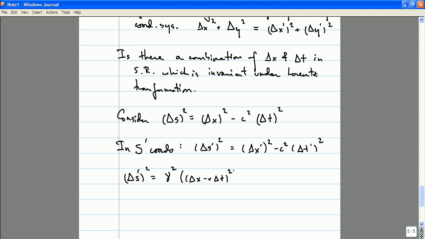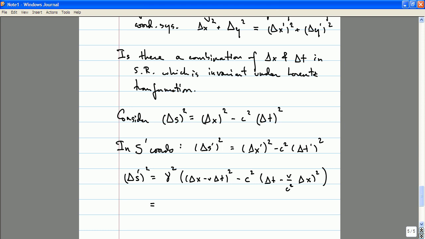And then from delta t prime squared, delta t prime is gamma times delta t minus v over c squared delta x. So pulling out that factor of gamma squared, we get c squared times delta t minus v over c squared delta x, squared. I've just used the inverse Lorentz transformation here.